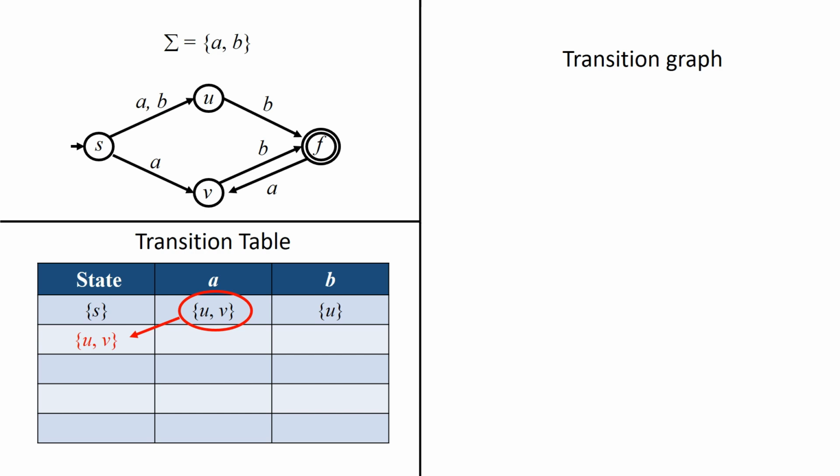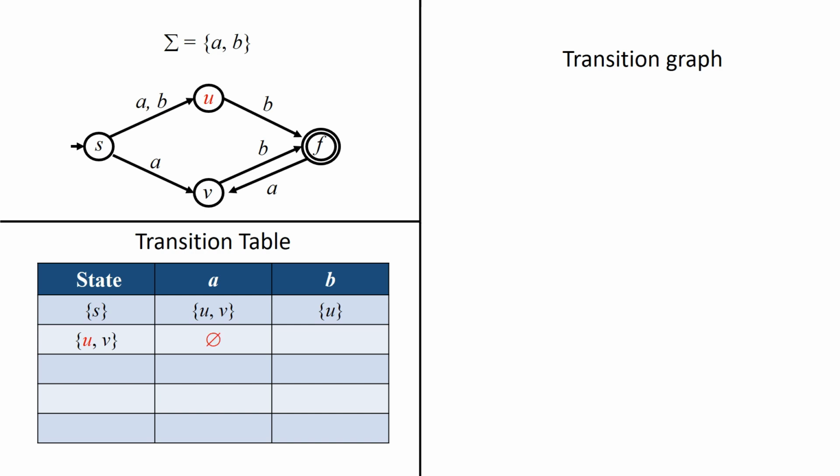From the state UV, where does it go with A? Now, to do that, we have to do it one by one. First, from state U, where does it go with A? And then from state V, where does it go with A? Here, from U, with A, it goes to nowhere.